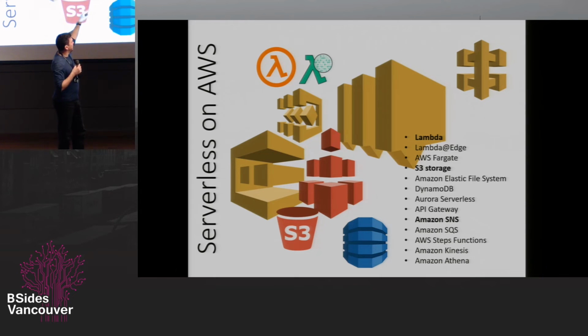So the ones that are done in bold: Lambda, S3, and SNS. You could have your Lambda taking some input, storing it in S3, and triggering a notification for you once that's arrived in there. Maybe it's resizing an image or something like that. But as you can see, it's quite a long list.